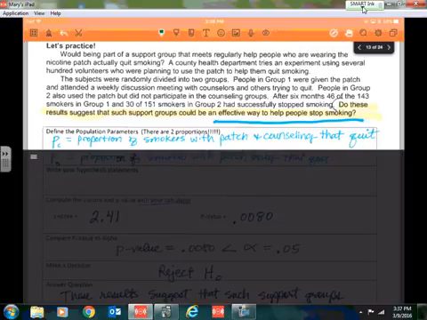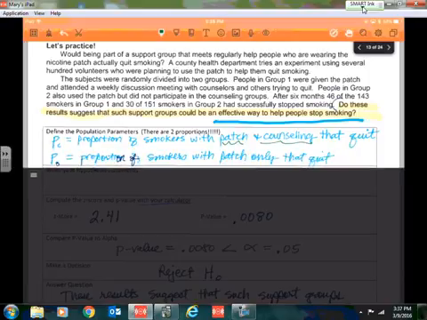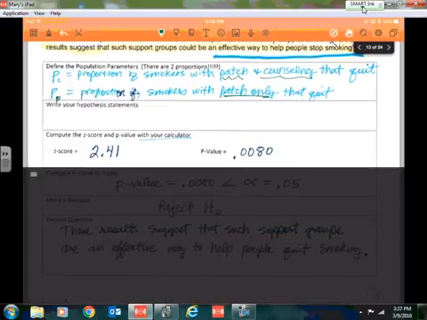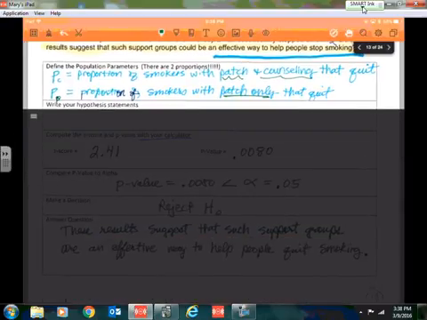So they had the patch and the counseling. p sub P is the proportion of smokers with patch only that quit. The difference between these two sets is that one has counseling and one does not. So one variable.